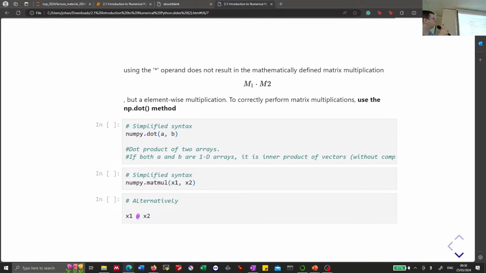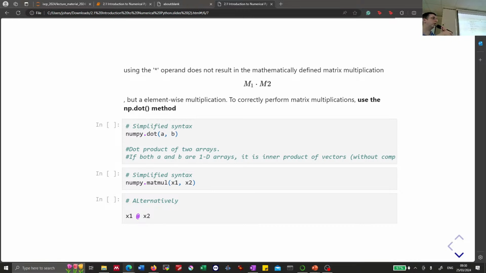That is using the dot method. Dot for dot product, or product. So then you have two matrices, M1 and M2, or A and B, and you pass them as arguments, and you get the correct result. Then something more specialized is matmul, matrix multiplication. Again, it takes two arguments, matrix 1 and matrix 2.